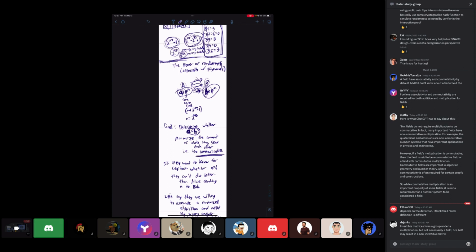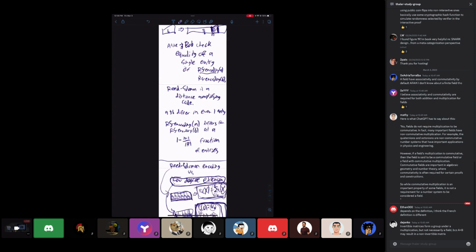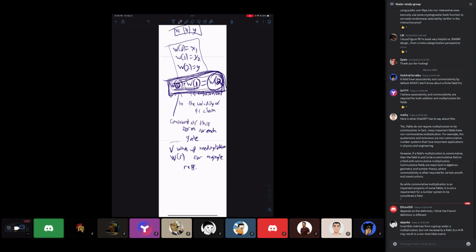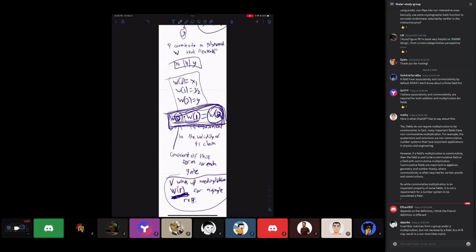So we reduced a claim about n things to a claim about one evaluation of a polynomial. And the SNARK stuff is doing something very similar, where it's reducing this polynomial satisfying a whole bunch of different constraints, one constraint per gate of the circuit, to the value the polynomial takes at just a single randomly chosen input.